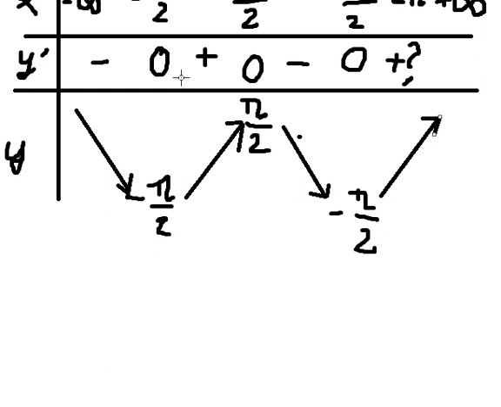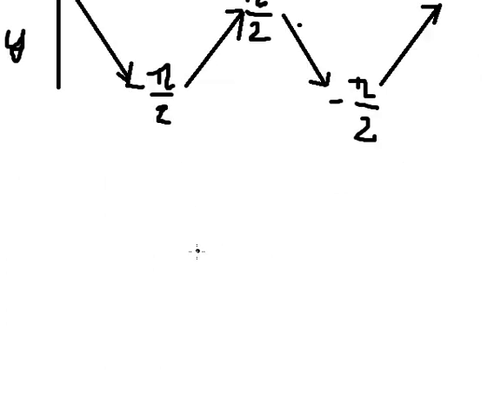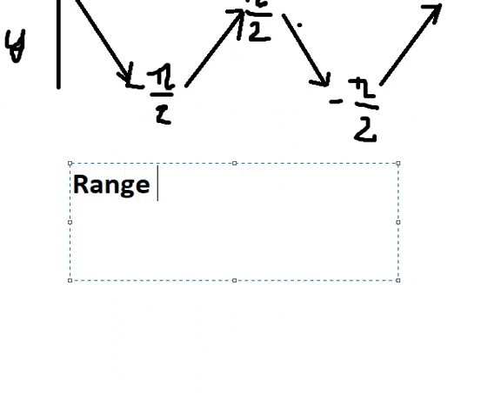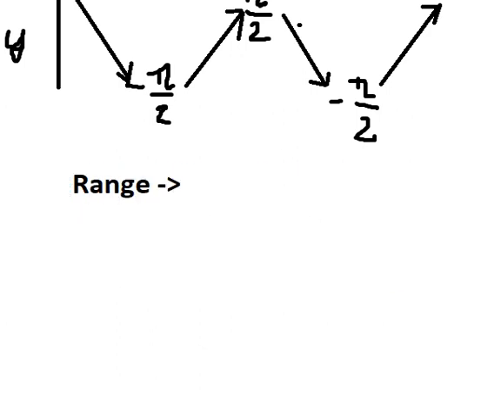So if we repeat the process, they will go in the range from negative pi over 2 to positive pi over 2.